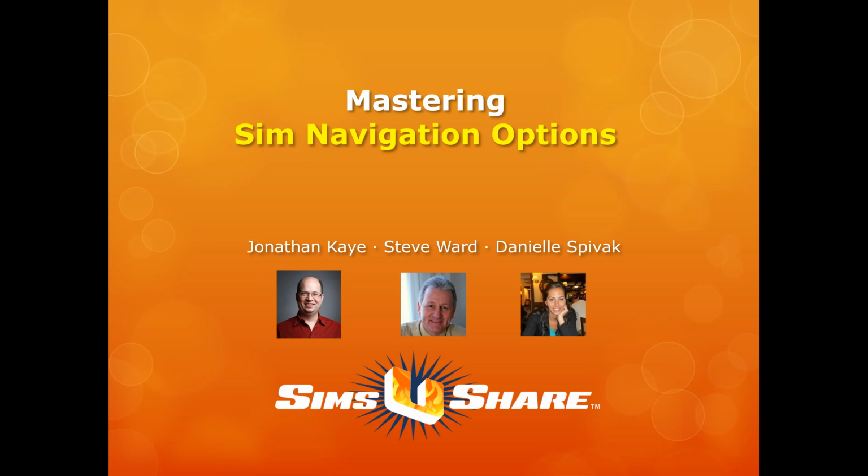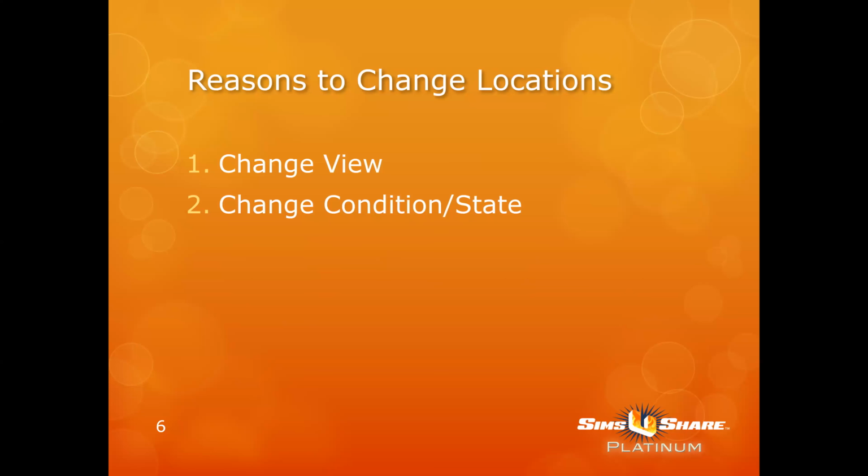Now, when you think about that with your scenario, it's a really good idea to map out where your different views are and how you would get to those views, and also what your different conditions can be. So we suggest making just a little table, and we have this simulation design document in one of the other lessons.